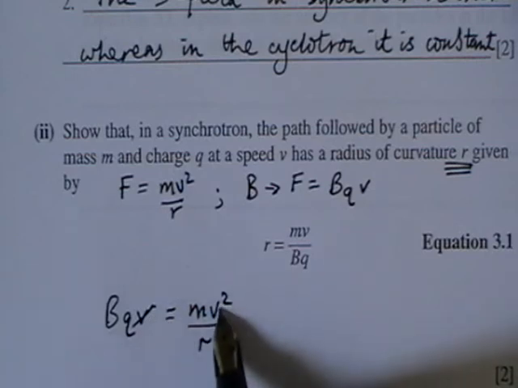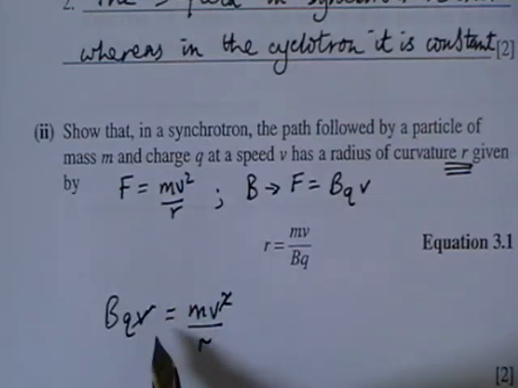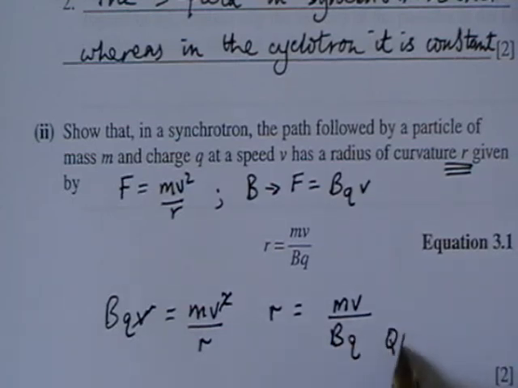Therefore the v cancels across, and if I bring the r up here, r is equal to mv divided by Bq, and that's what we were to show. QED.